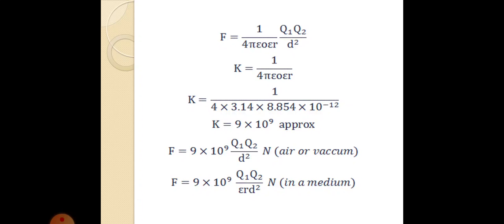So F equals 9 into 10 to the power of 9 Q1 Q2 divided by d squared in newtons in air or vacuum. In a medium, F equals 9 into 10 to the power of 9 Q1 Q2 divided by epsilon r d squared in newtons. Epsilon r is the relative permittivity. That's all. Thank you.